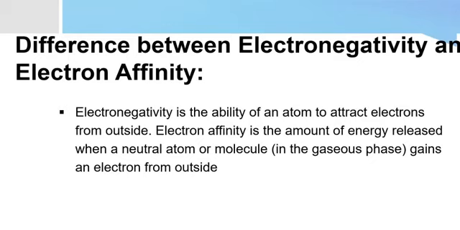Electron affinity is the amount of energy released when any atom accepts an electron. So electronegativity is the tendency or the ability, and electron affinity is the energy. So both of them are different things.